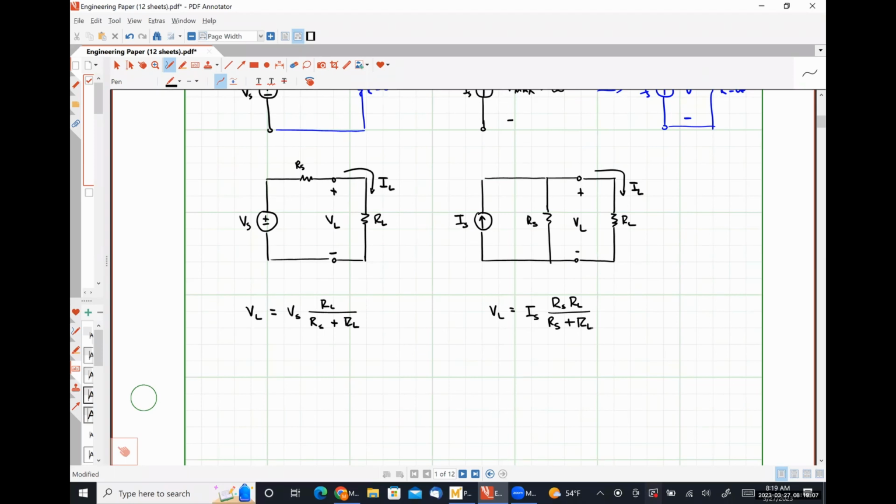So under what conditions are these two quantities equal? Let me draw this in a little bit different way.